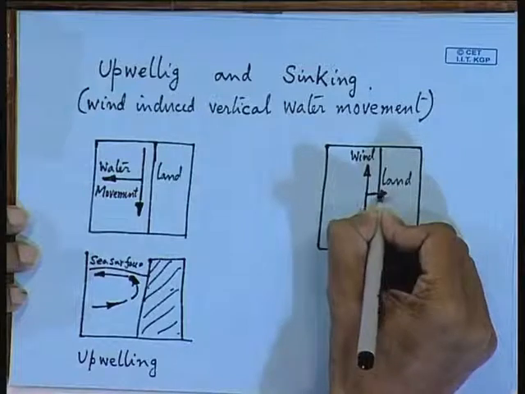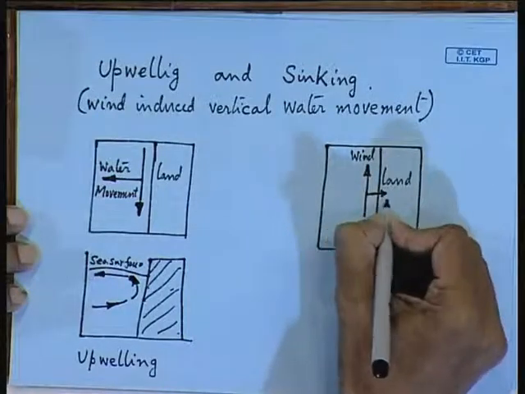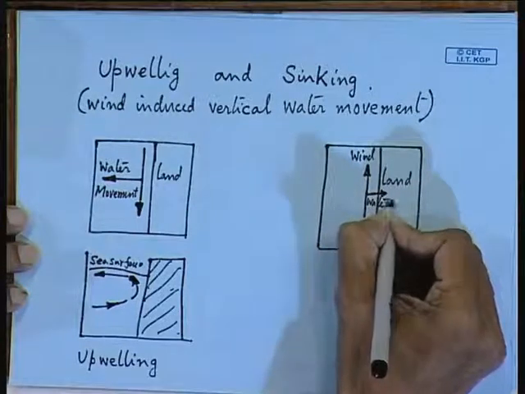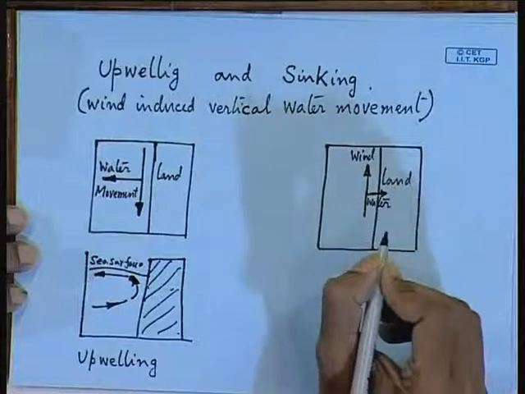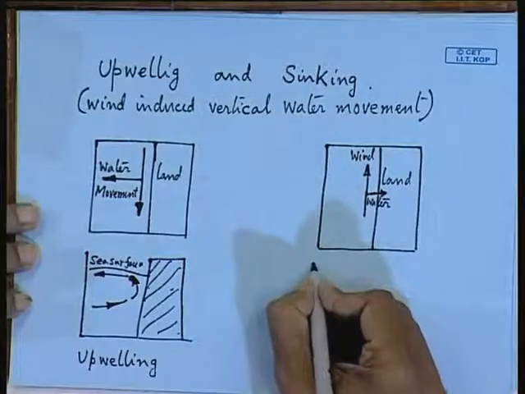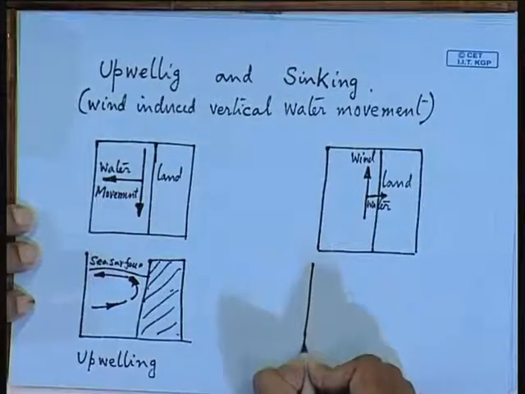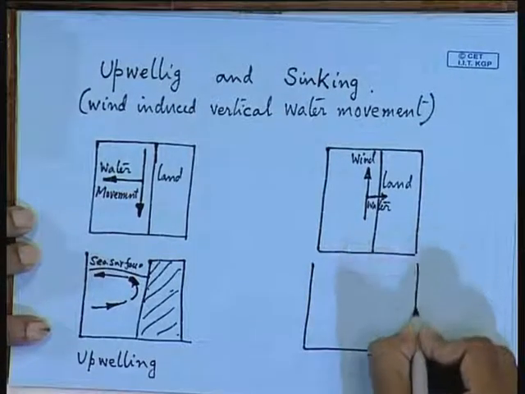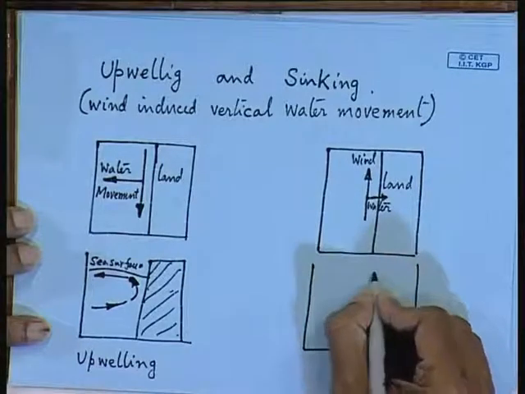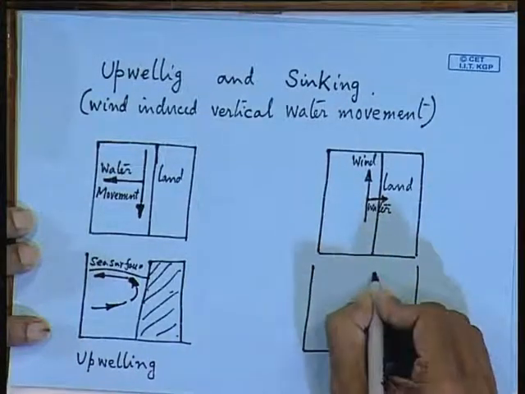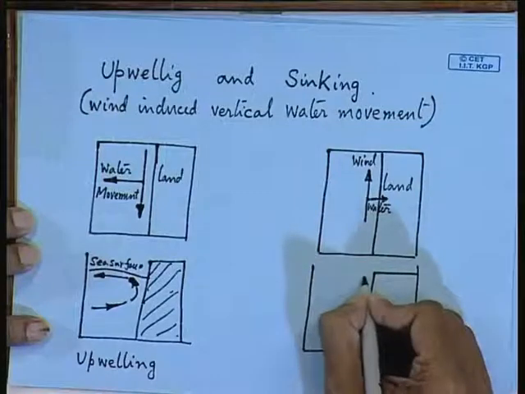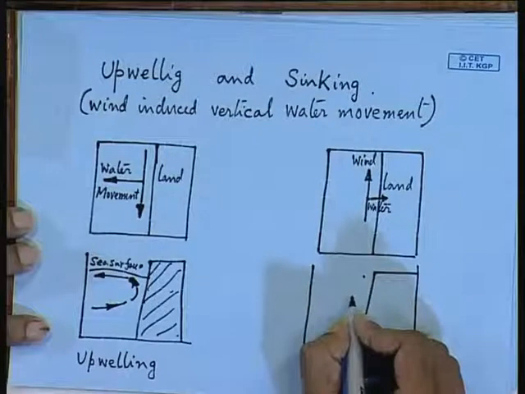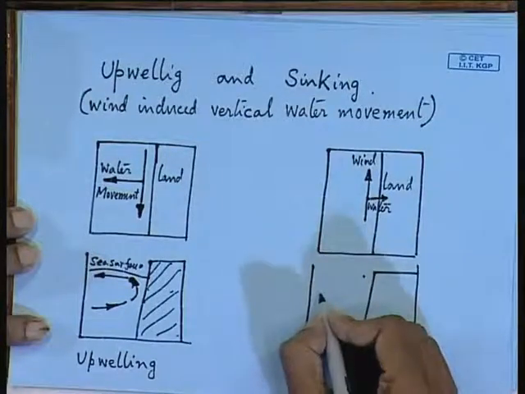So water is going to move towards the coast. Now if you look at a cross section of the shore, you will find this is your land. So wind is blowing in the opposite direction, but your net water transport is towards the land.